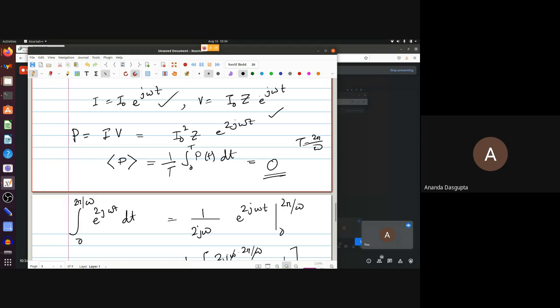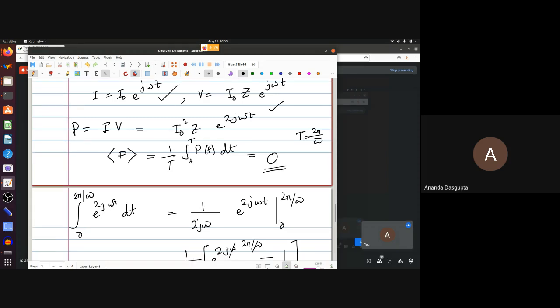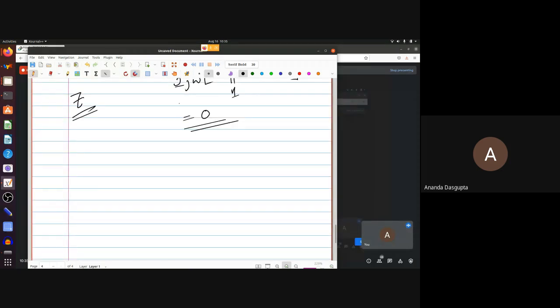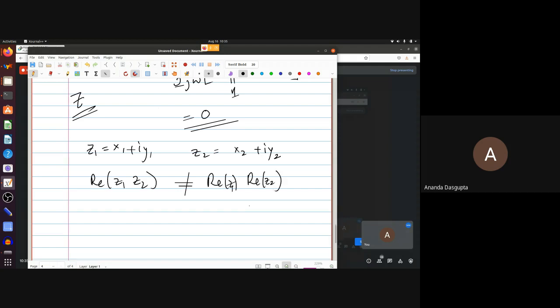If you say power is current times voltage, you're perfectly right. Power is current times voltage. But what power isn't is the complex current times complex voltage's real part. Why? Because you all know this, right? If you have one complex number Z1, which is x1 plus iy1, and another complex number Z2, which is x2 plus iy2, the real part of the product Z1 Z2 is of course not equal to the real part of Z1 times the real part of Z2.